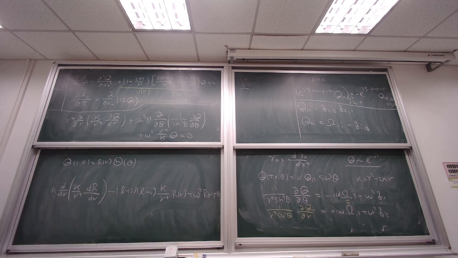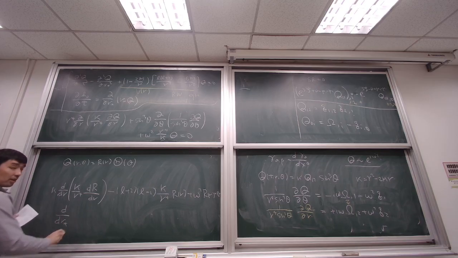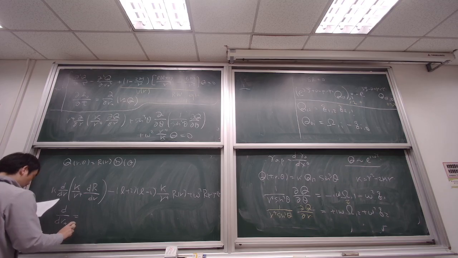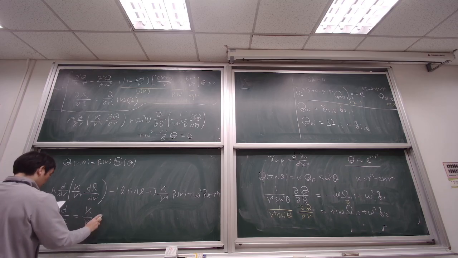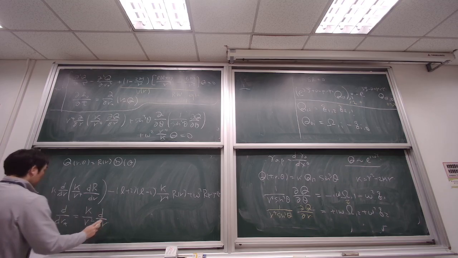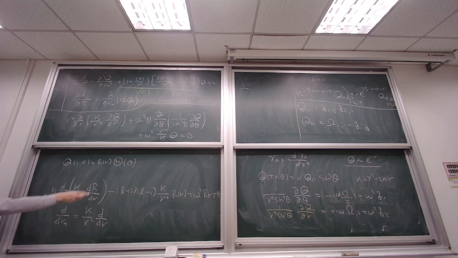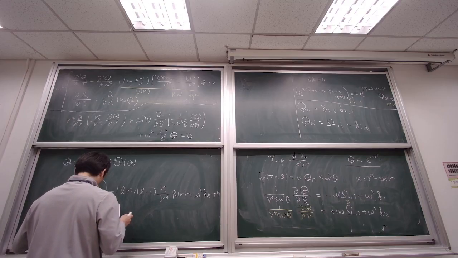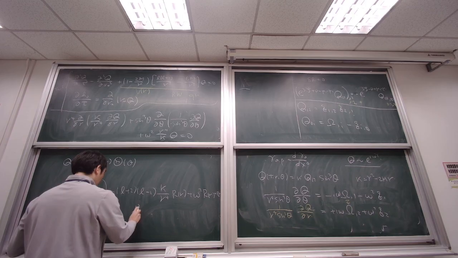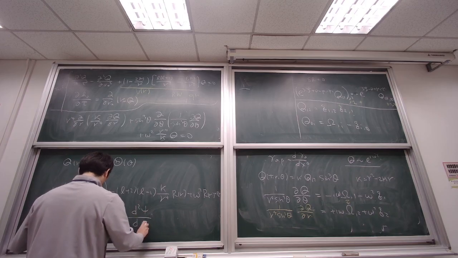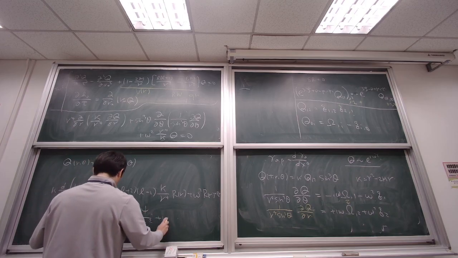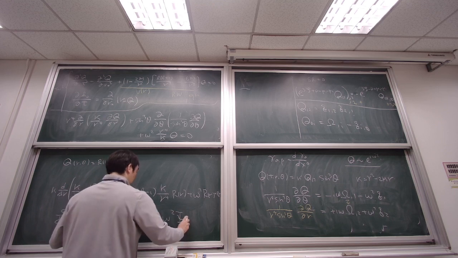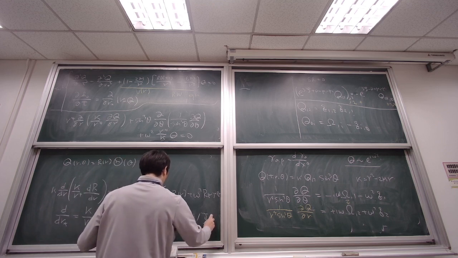Okay, then if you introduce the tortoise coordinate, d/dr star, its time is over, sorry. Kappa over R square d/dr. So therefore, this part can be written as d/dr star, and this can be written as follows: d square psi dr star square plus omega square psi is equal to b psi, like this way.